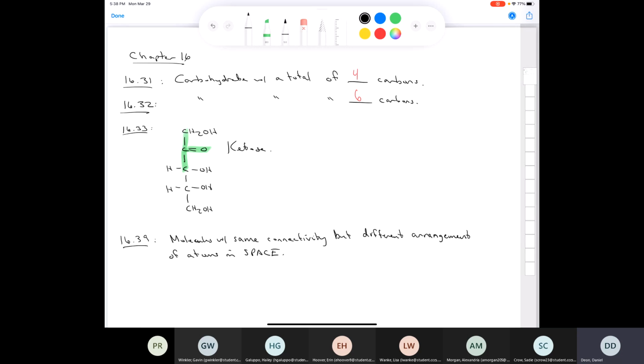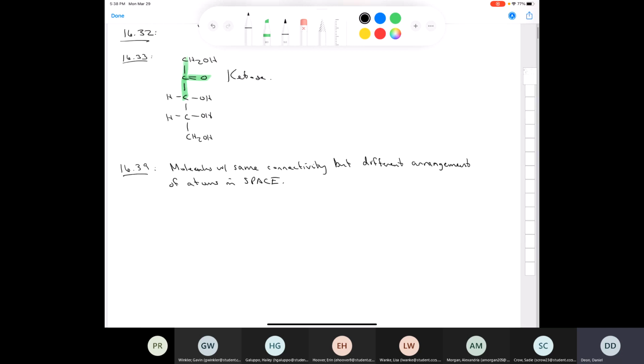And so to follow up on that, could anybody tell me what a chiral carbon is? And it's not a trick question. If I have a chiral carbon, what does that mean? And you can type in the chat if you want.